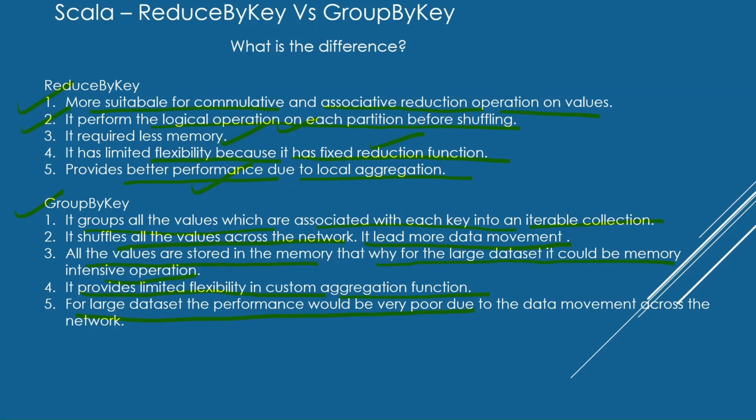And the conclusion is to avoid groupByKey whenever we are doing any kind of transformation over the aggregated value of each key. Prefer reduceByKey if you want to do any kind of aggregation over the values per key.